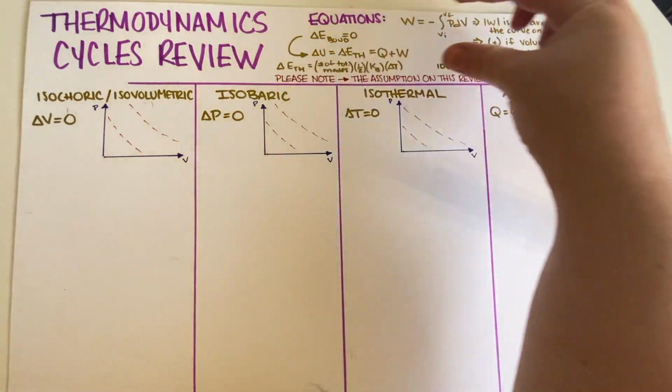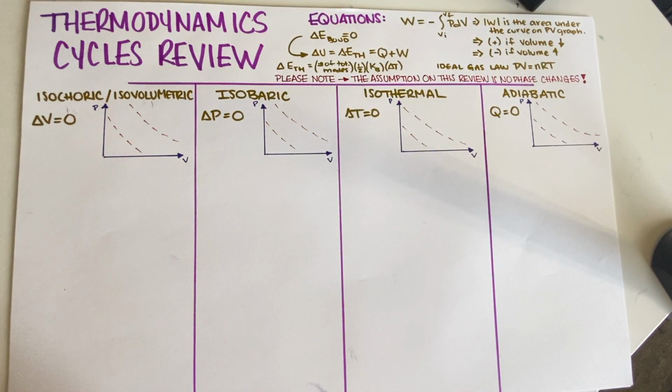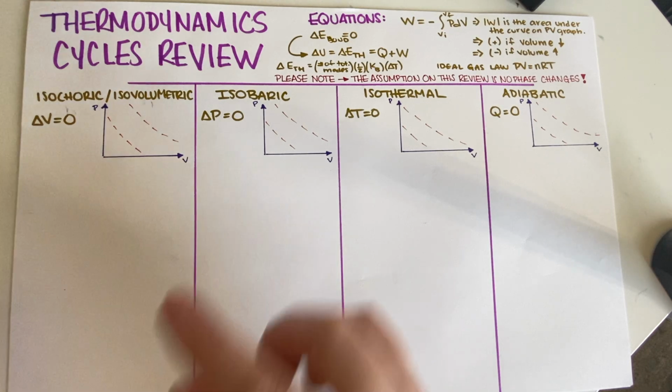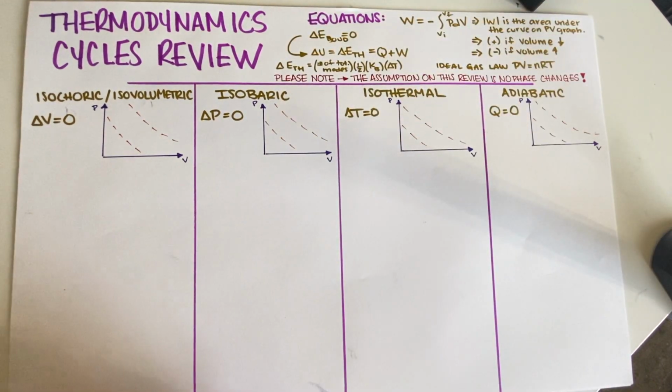However, they simplify differently depending on the process, and that's where they look different depending on whether you're doing isobaric or isothermal or whatever. But the equations as they are right here are the general ones that you need to be able to start from, and you yourself need to be able to do what I'm about to do for you here.